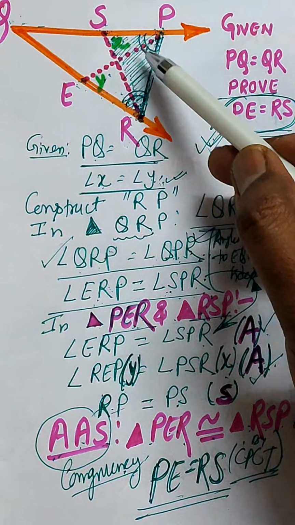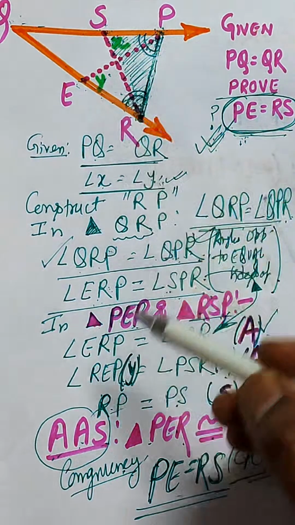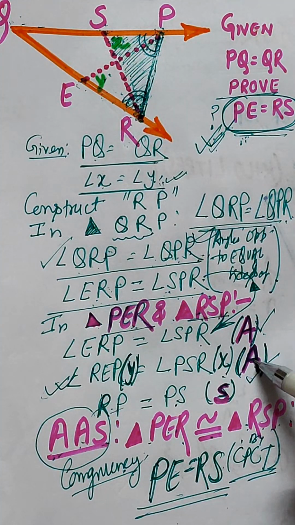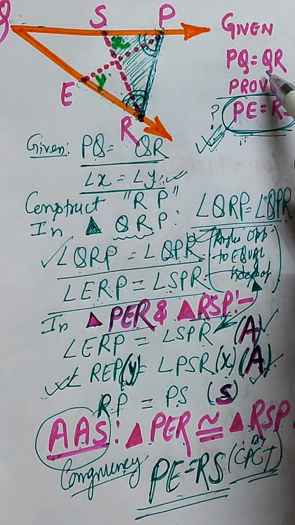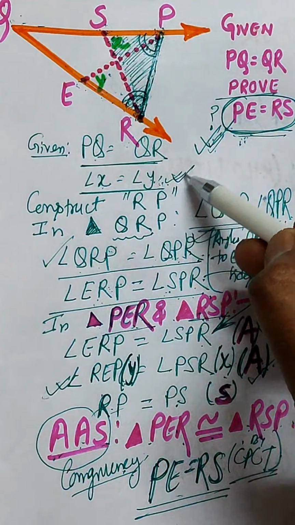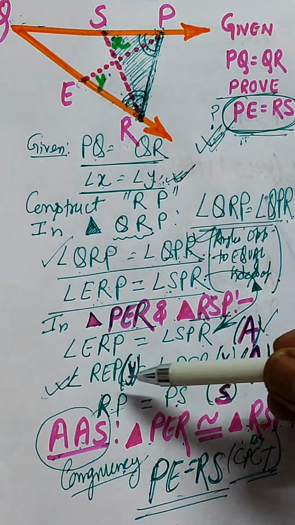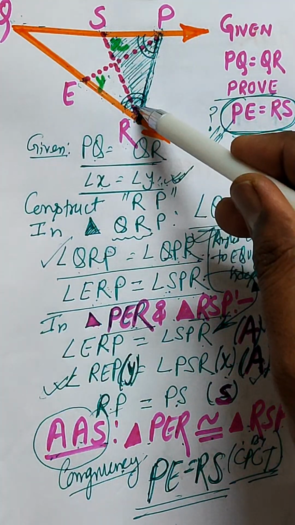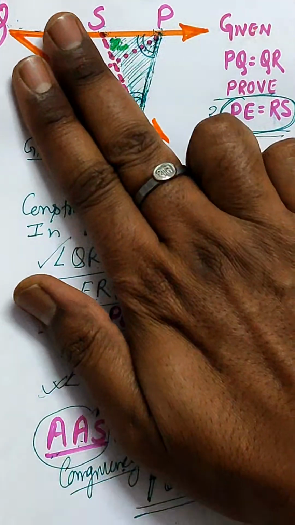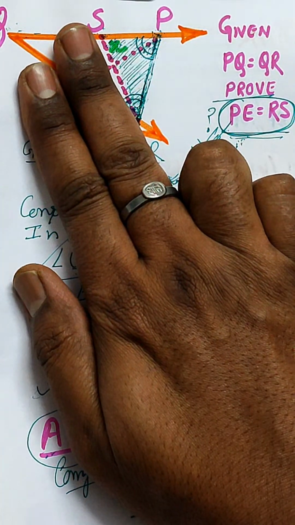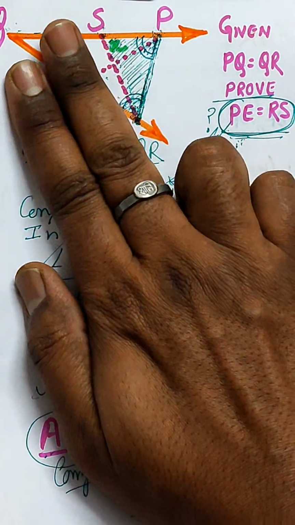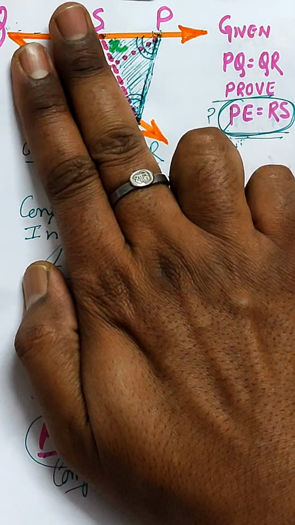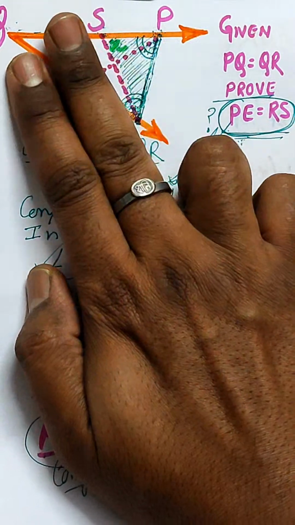In these two triangles, angle X equal to angle Y, which is already given to you, right? One of the angles is equal, right? This is given in the question, angle X equal to angle Y, this one. Since angle X equal to angle Y and angle P equal to angle R, if you consider this shaded triangle, the green one, you can see one angle is equal, angle X is equal to angle Y, and this is angle P, right?